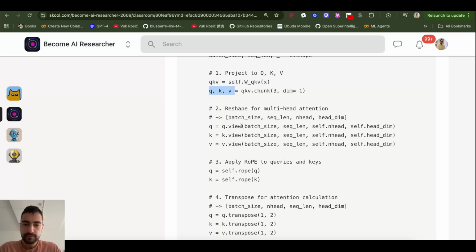So we will use query.view with batch size and sequence length, which already exist, but where previously there was 1 dimension, the model dimension, now we split into 2 dimensions: number of heads and head dimension for each head. So now we do that for all of these. And we can apply RoPE then to query and key. We don't need to apply RoPE for the value, just query and key.